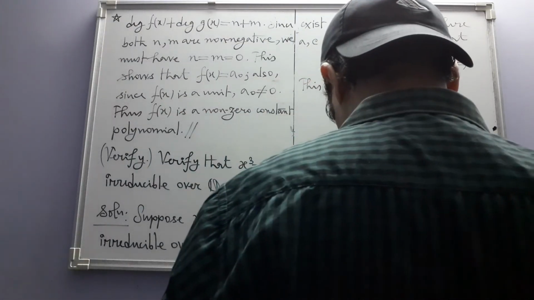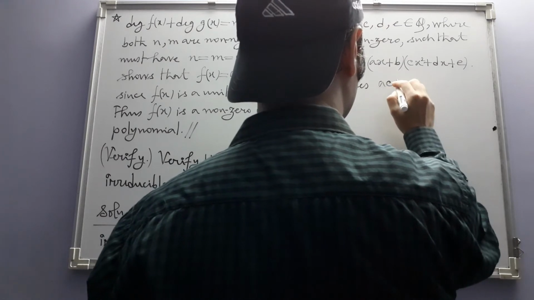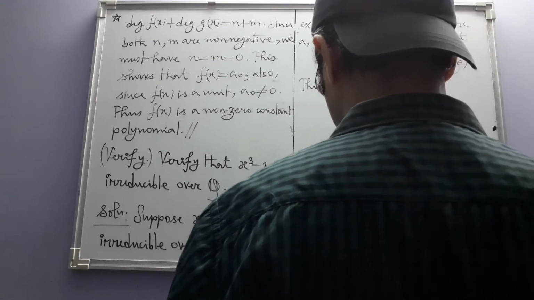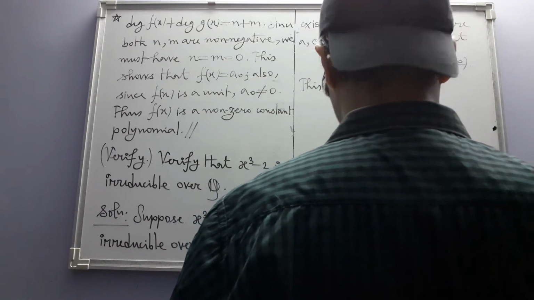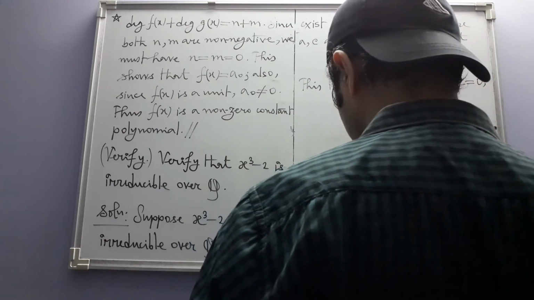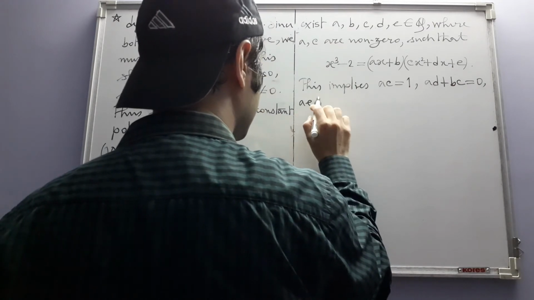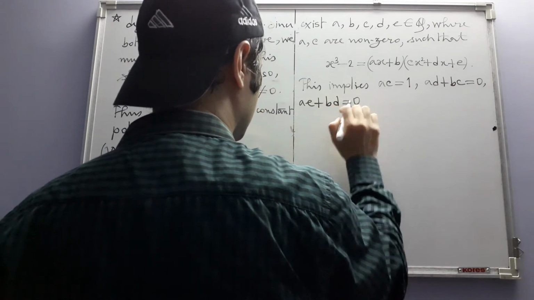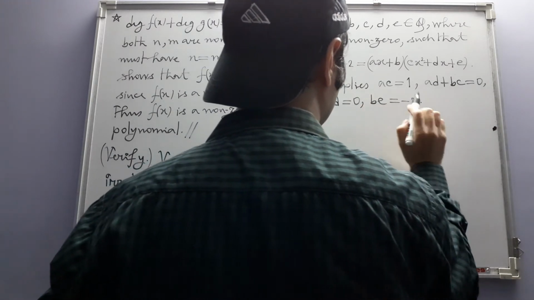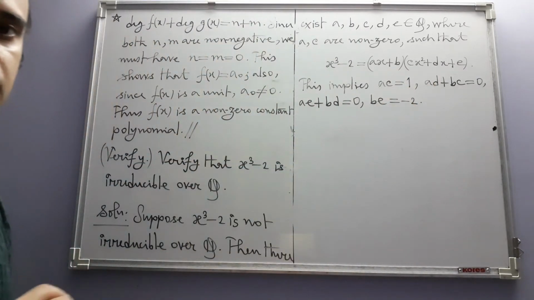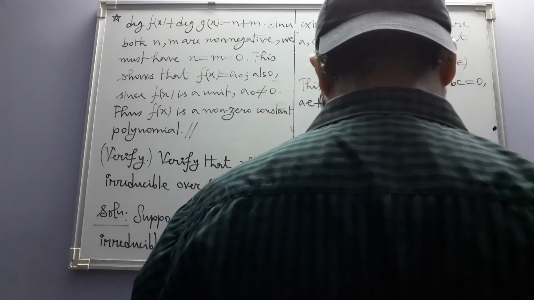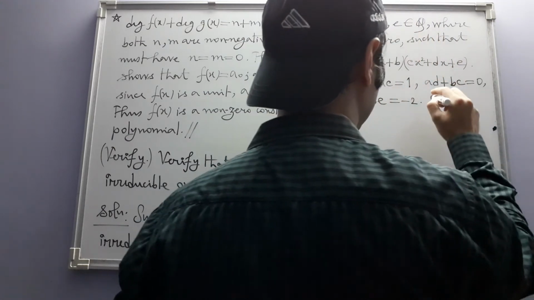So you will get relations among these rational numbers A, B, C and D, like this: AD plus BC is equal to 0, then AE plus BD is equal to 0, and finally BE is equal to minus 2, which you can see from here, BE is the constant term. Okay, now using these things we can arrive at a contradiction.